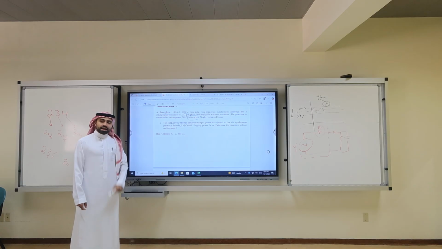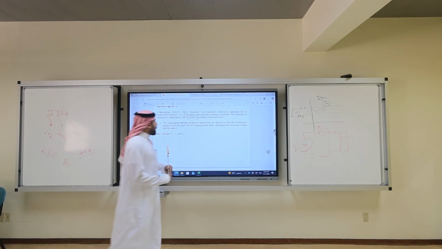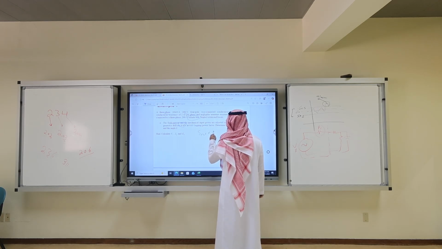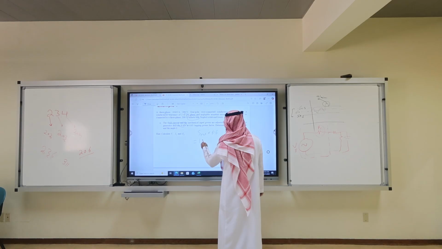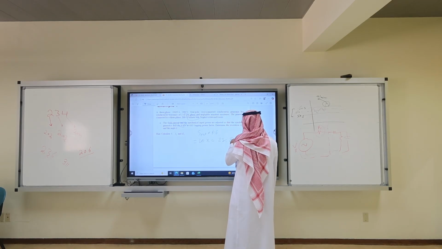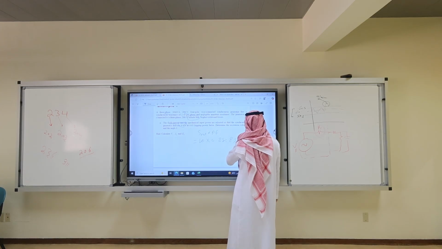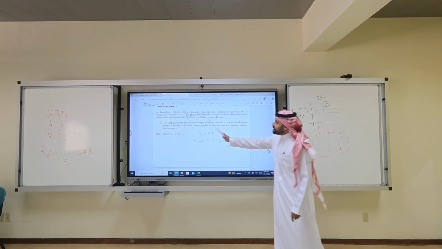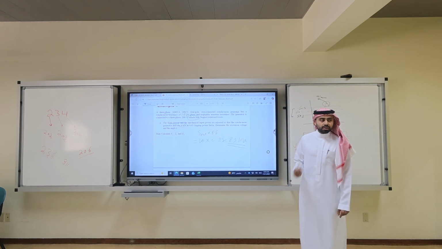Is 6 kilowatt rated? No. Why? Because if you multiply S rated times PF, which is 10 times 0.85, you will get 8.5 kilowatt. That's the rated real power. So we are operating under the rated real power.